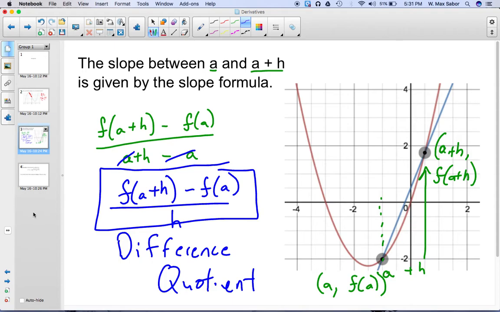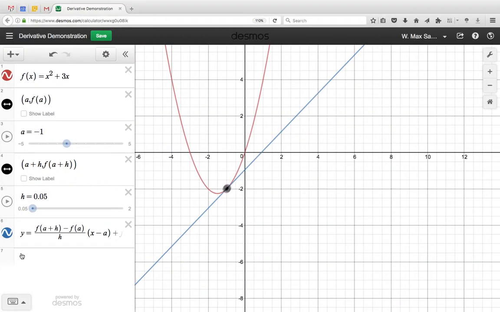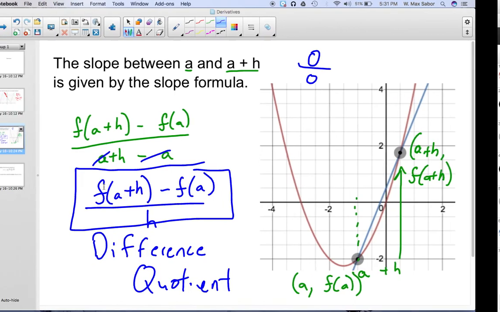So if we found the slope between a point and itself, it'd be 0 over 0, which is indeterminate form. But if we take h and make it smaller and smaller, the limit as h approaches 0 of the difference quotient should give us the slope. And the closer these 2 points get, the closer we will get to the slope.